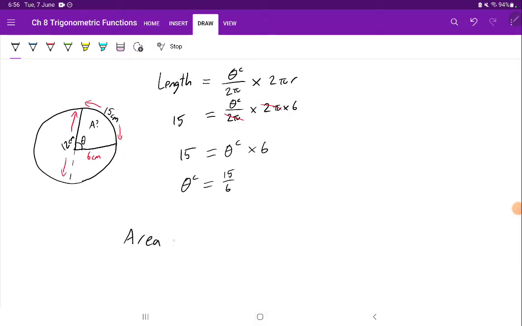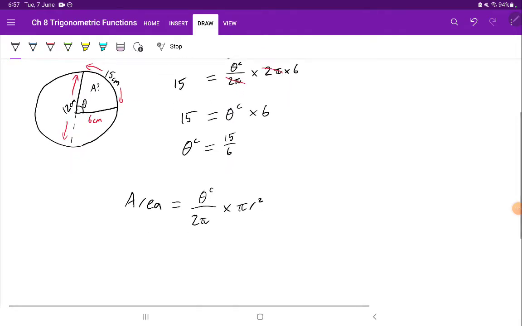Area is equal to theta radians over 2 pi times pi r squared. The pi's are actually going to cancel, so we can remove those. But let's sub in all of the information we now know. 15 over 6 over 2 pi times pi times r squared, which is going to be 6 squared.